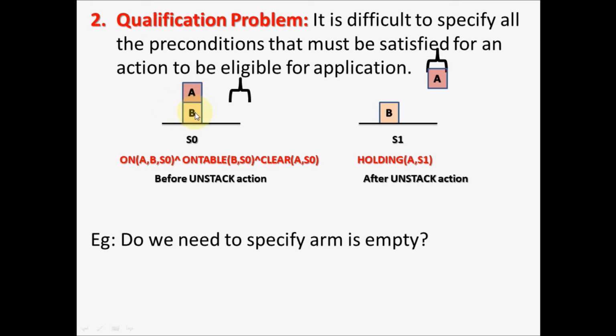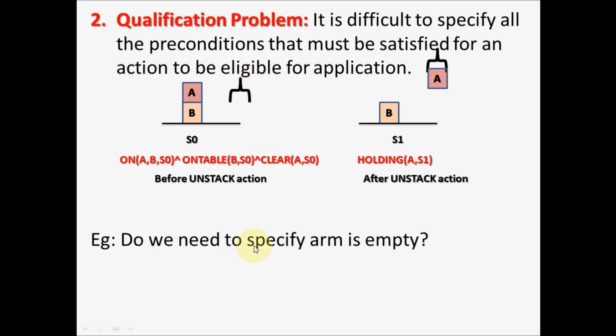Why did we specify this? Because for the unstack action, which was specified using Green's approach, these were the only two preconditions, the left hand side values, that were given. And clear is also there, but we have ignored the robotic arm, correct?